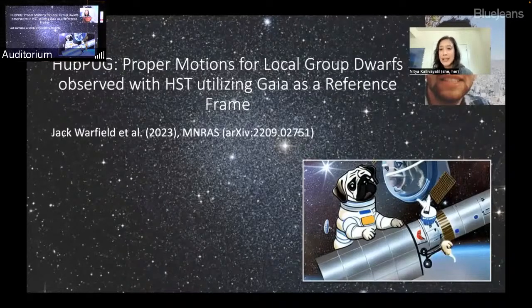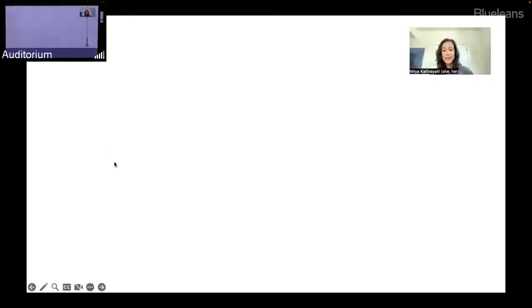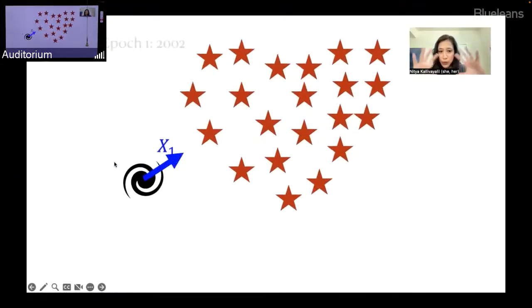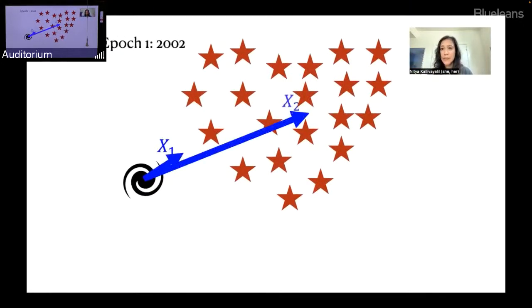I just want to highlight a few results coming out of my group, and this is work being led by Jack Warfield, who is a graduate student at UVA. Typically, when we measure proper motions, you need an inertial reference frame, something that is non-moving with respect to whatever you're trying to measure in the foreground.